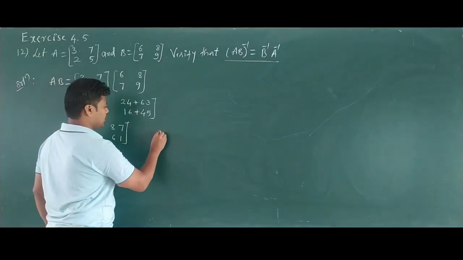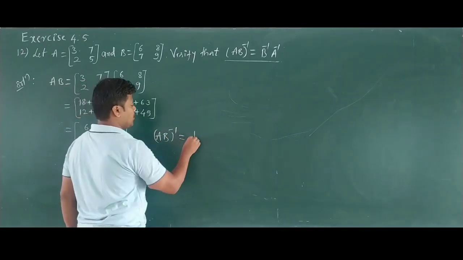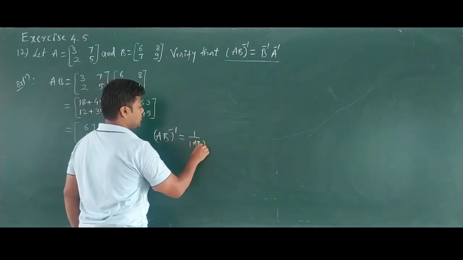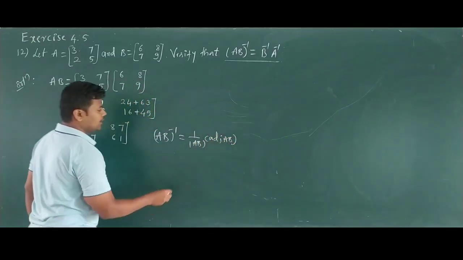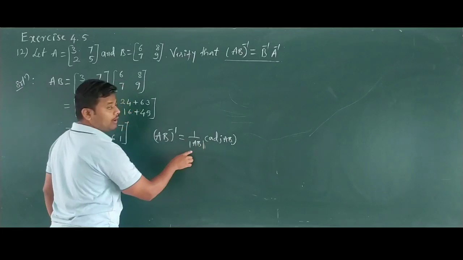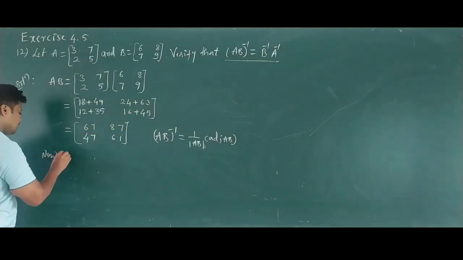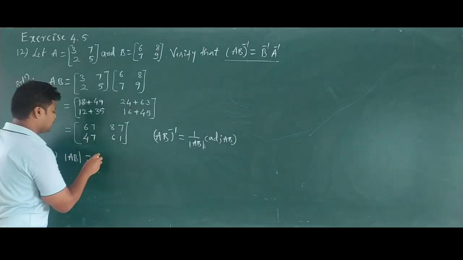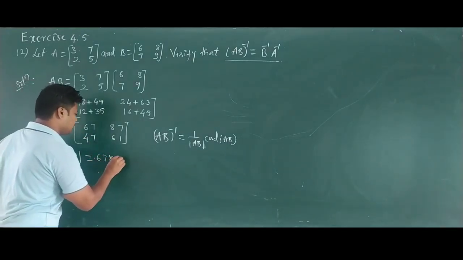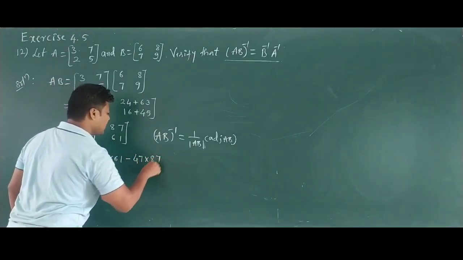So already we know, if AB inverse is needed, we have to find one by determinant of AB into adjoint of AB. So determinant of AB equals 67 into 61 minus 47 into 87.